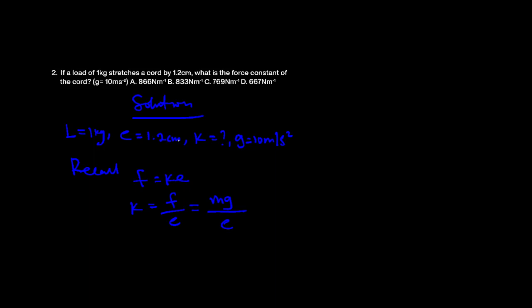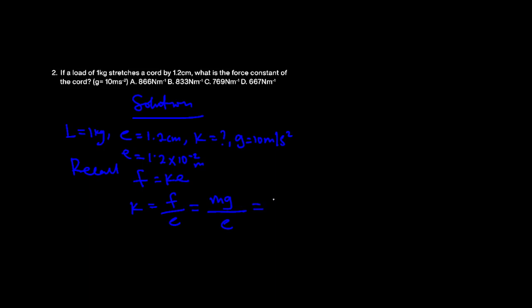Now, this is in centimeter. There's need for you to convert it to meter because the unit we have here is Newton per meter. So 1.2 centimeter, when you convert it to meter, you are going to divide it by 100, and that should give us E equal to 1.2 times 10 to the power minus 2 meter. So slot this value into the given equation.